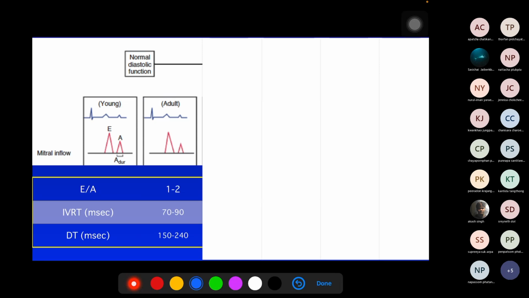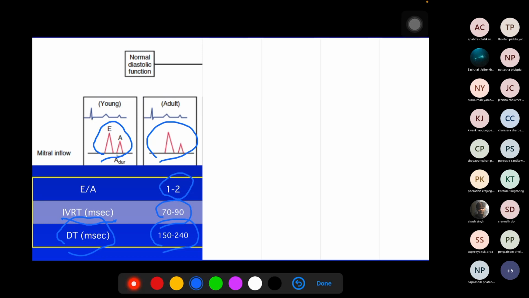The E/A ratio should be about 1 to 2. The IVRT, the isovolumetric relaxation time, is normally about 70 to 90 milliseconds. And DT is normally 150 to 240 milliseconds. This is the normal number.